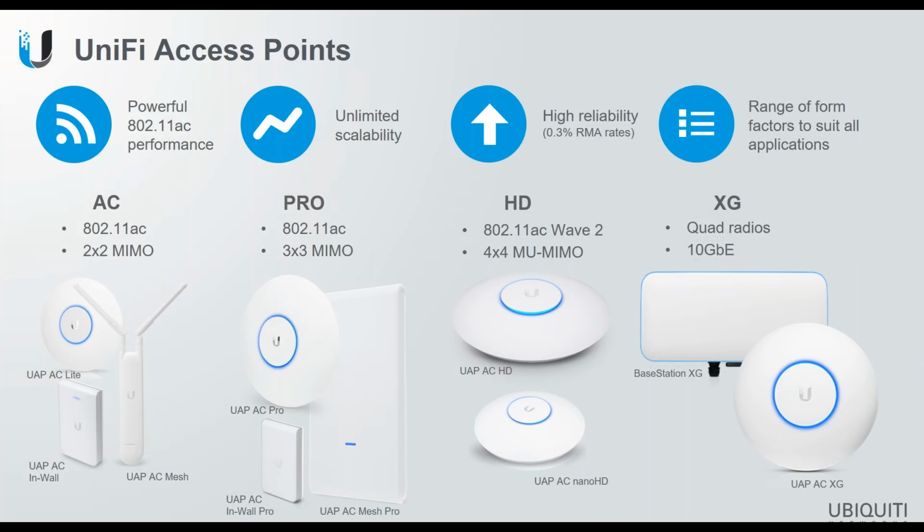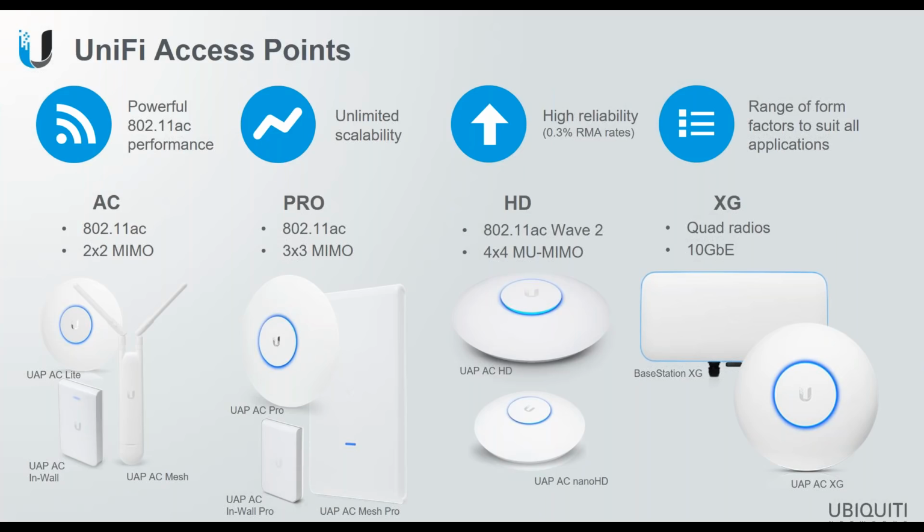These are all 2x2 MIMO devices. Then we've got the Pro range with your 3x3 MIMO, like the AC Pros. Then in the HDs, that's when we move to AC Wave 2 with our 4x4 MIMO. And of course, they've got the XG access points, which have been introduced as well, which come with multiple radios and multiple antennas to support even more clients and a 10 gig backbone.